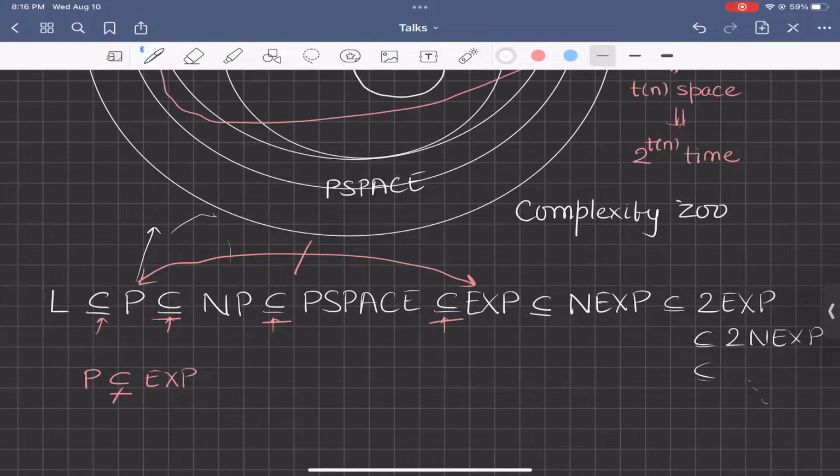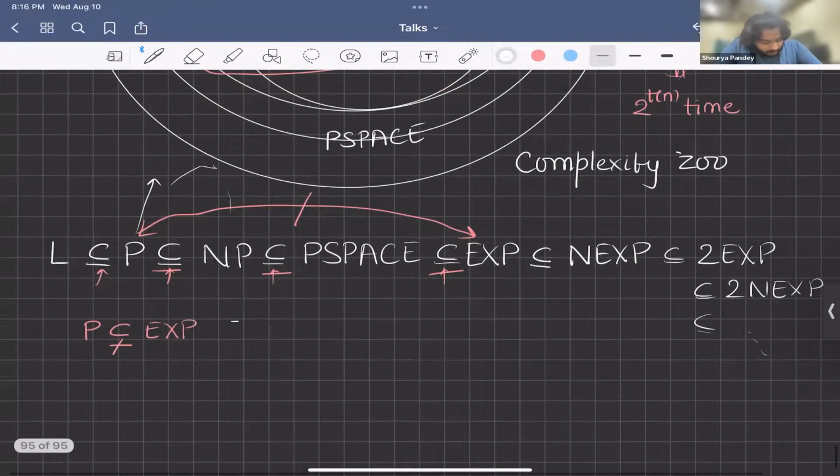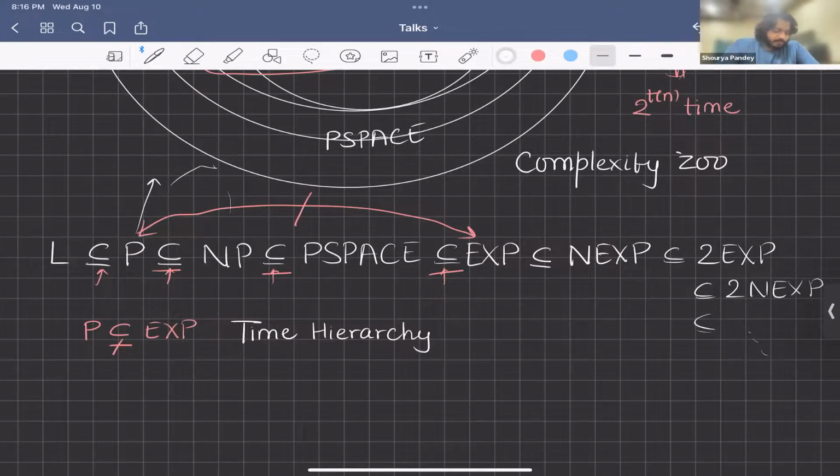How was P being a strict subset of X proved? Well, there is something called the time hierarchy theorem, which, if I had time, I could have done. It's all part of a standard complexity course.